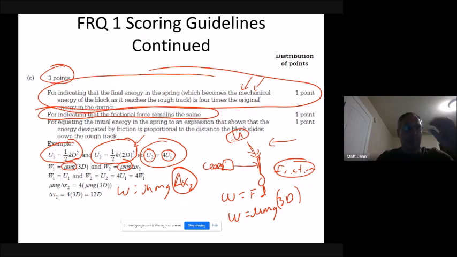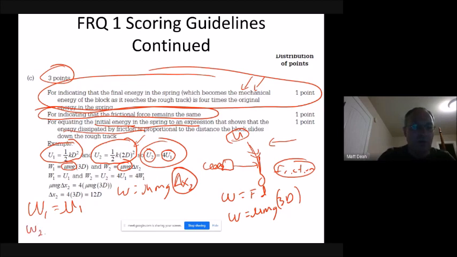The next big jump is equating the initial energy in the spring and showing that that's dissipated by friction, proportional to the distance the block slides. So essentially what we're saying here is that the work with the spring in position 1 is equal to the potential energy when the block is in position 1.